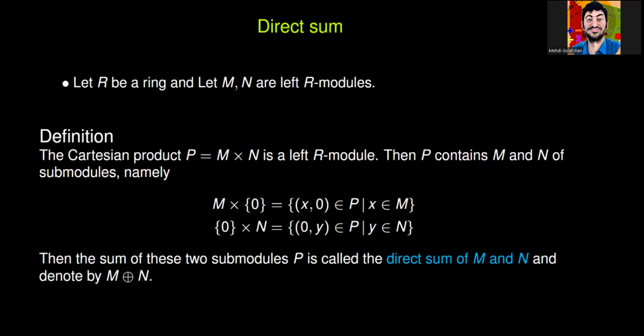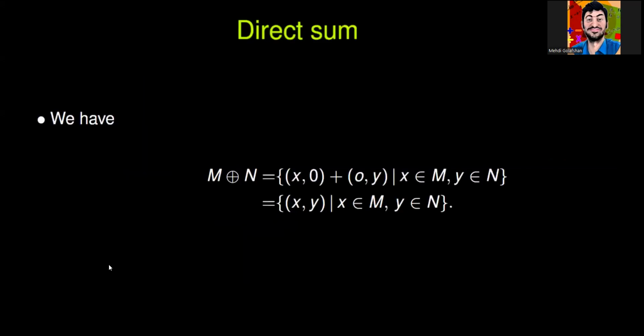So we have pairs (X, 0) and (0, Y), where X belongs to M and Y belongs to N, so we have this shape. Every element of M plus N can be uniquely written as a sum of an element in M and an element in N.